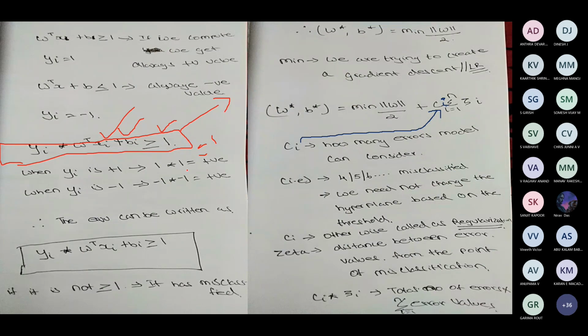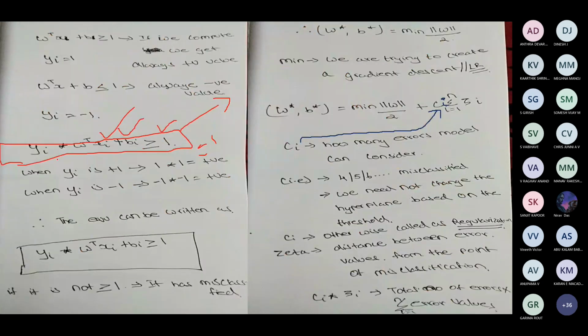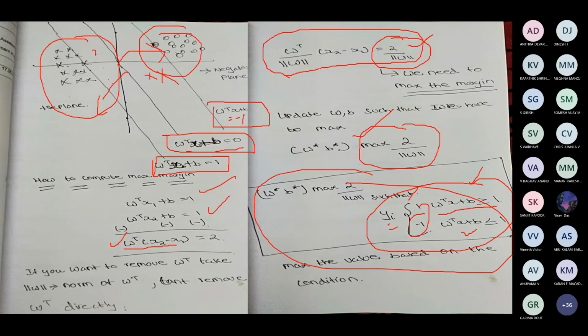So, students, this entire equation I can write like this: minimize 2 by norm of w, such that yi into (wT xi plus b) is at least 1. Having said that, our aim is that when you minimize this norm, the entire margin will be maximized.